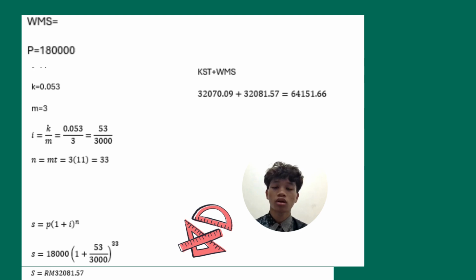We use the compound formula S equals P, open bracket 1 plus I, close bracket, to the power of N. S equals 18,000, open bracket 1 plus 53 over 3,000, close bracket, to the power of 33. The total maturity for the WMS is S equals 32,081.57.